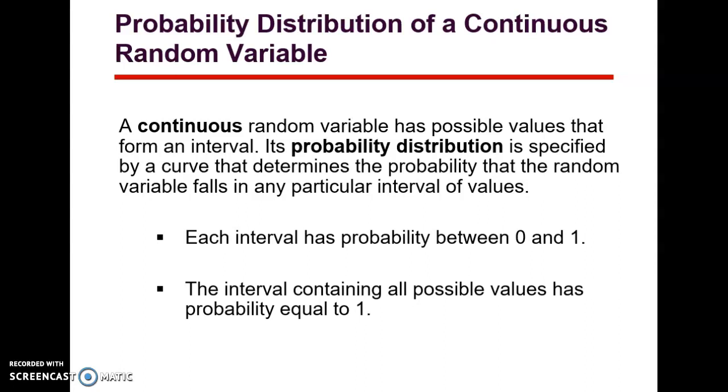Each interval has a probability between 0 and 1, inclusive. If we look at some huge interval that contains all the possible values, like all the possible values for a dog's weight, the probability has to equal 1, because all the dogs' weights is 100%, or in non-percent terms, 1.